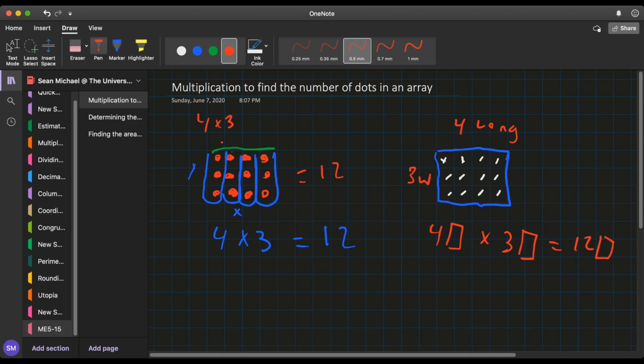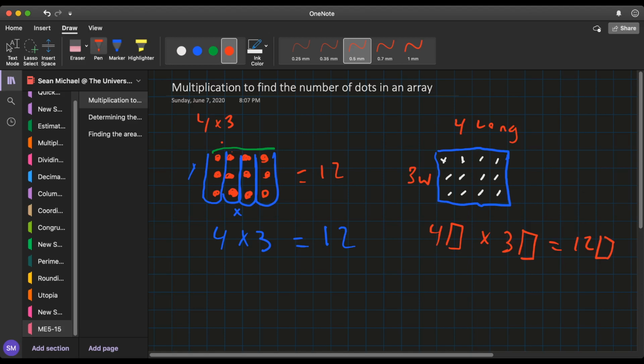Now remember that we talked about square units, so this is going to get into square units. What we notice is that there's a similarity here: with an array you can do this, and you can also do it when we're dealing with standard little squares here.